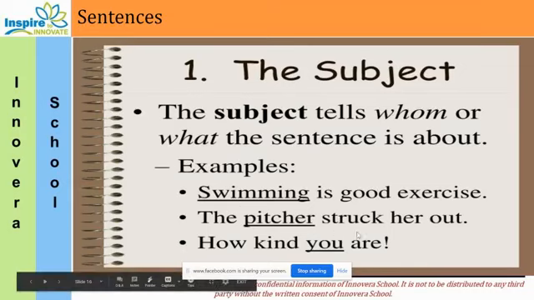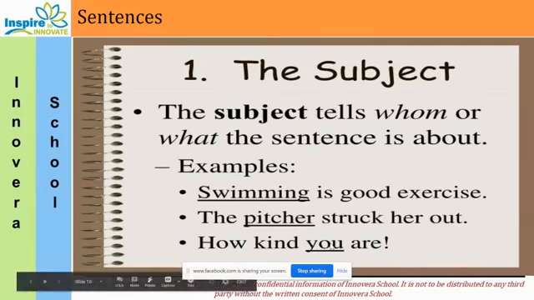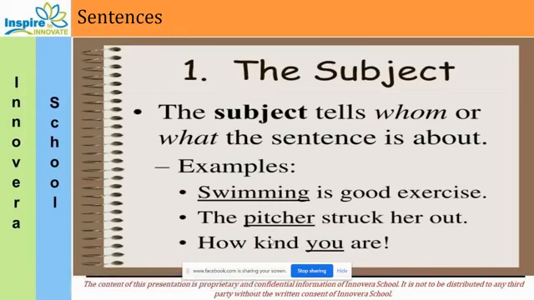Then the picture struck her. Here picture is the subject, we are talking about a picture. Then whom are we talking about here? How kind you are. I am talking about a person. Fine. I hope it is understood how you identify a subject: you need to find out about what or whom.